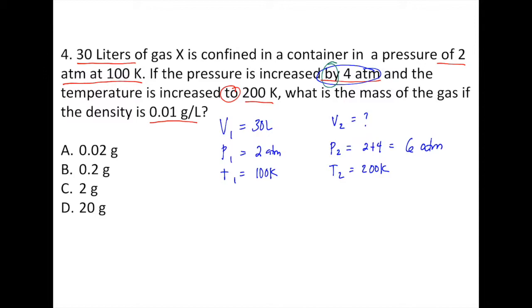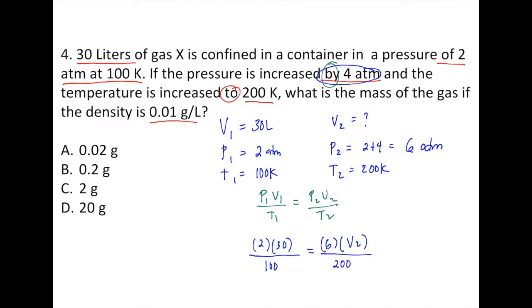Writing now our general formula, we have here P1 V1 over T1 equals P2 V2 over T2. Solving now for P1, that is 2 atm, and the V1 here is 30, and the temperature is 100 Kelvin. And for the P2, we have 6 atm, and for the V2, that is the unknown, and for the T2, we have 200.